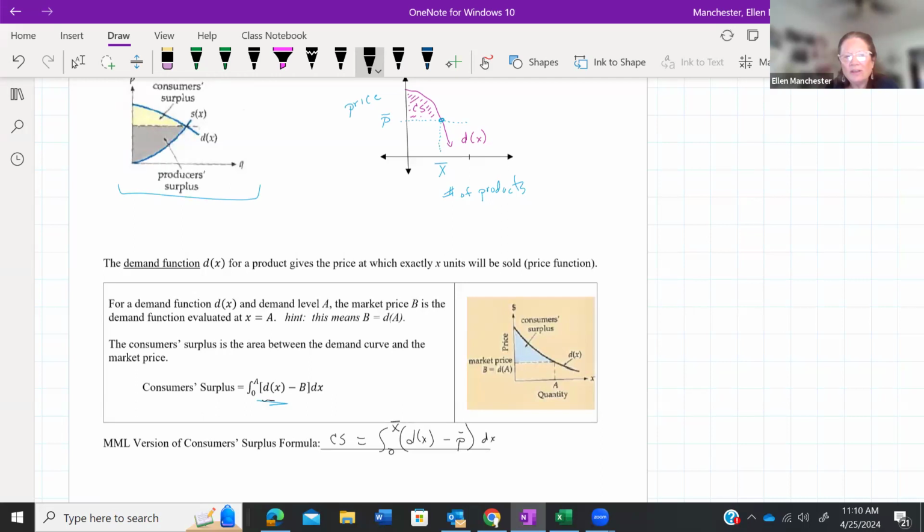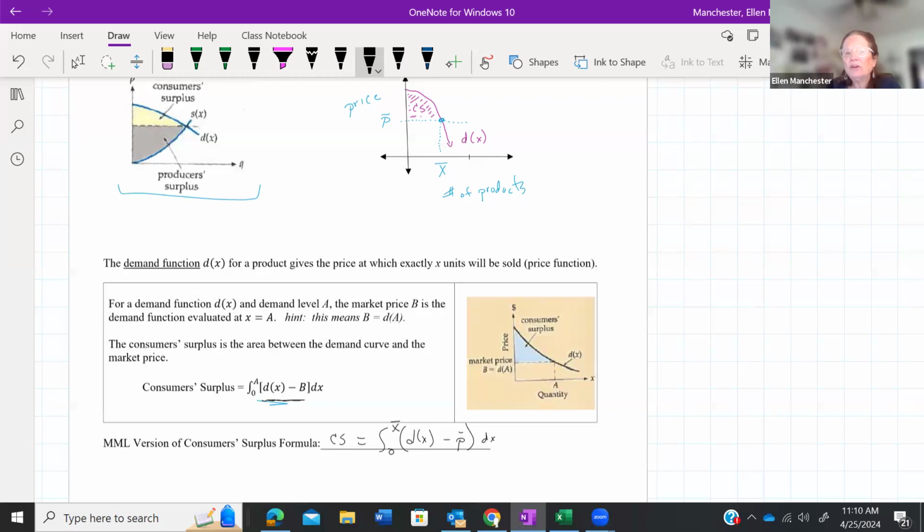Okay, so you can see this is the same thing. It's just, I don't like the variables because I don't want that to confuse you. I want you to know exactly what you're plugging in. So you have an X, which is the number of products. You have a P, which is the price. And where the price and the number of products meet, it meets on the curve.